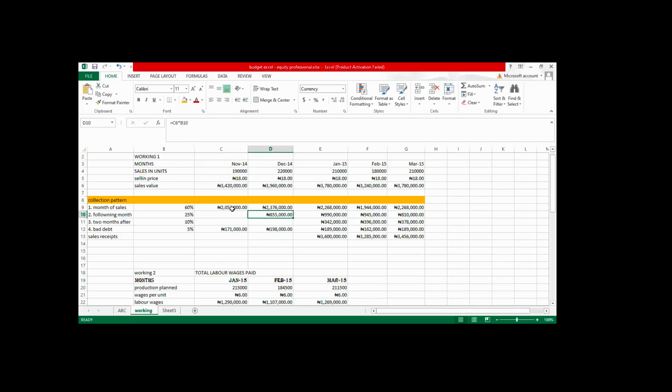What is 2 months after November? That's January, sir. Compute 10% of 3,420,000. That's 342,000.